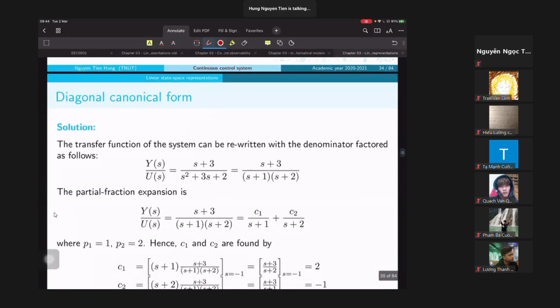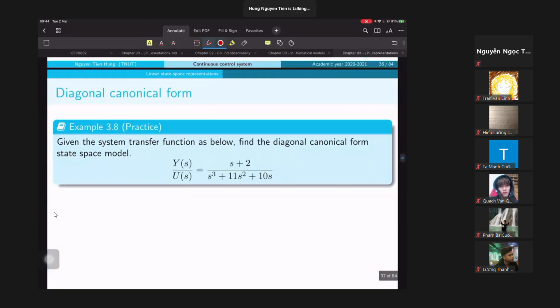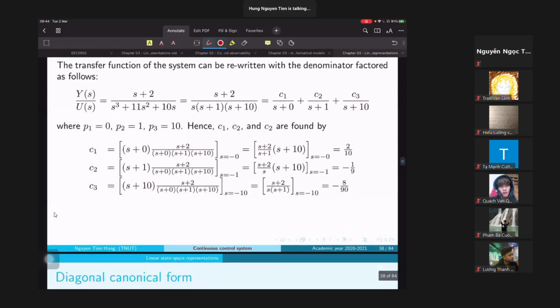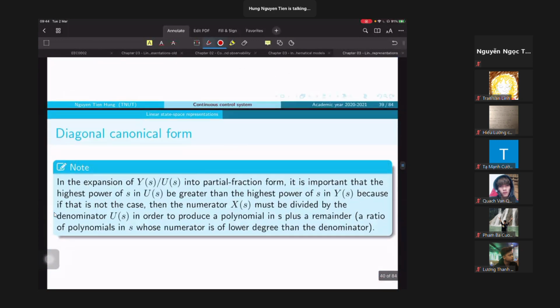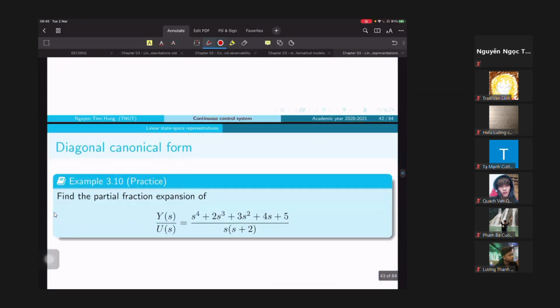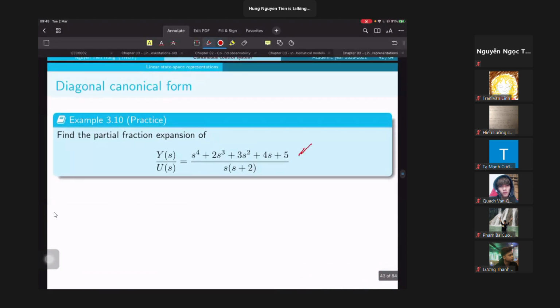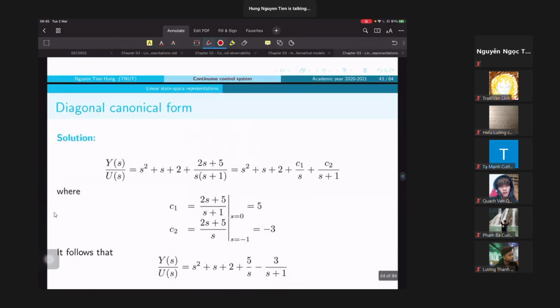And we have the first example, and also some practical problem, and we find the solution easily. And I also show you that we got some cases where the order of the numerator is bigger than the order of the denominator, we still find the polynomial representation of S like this.